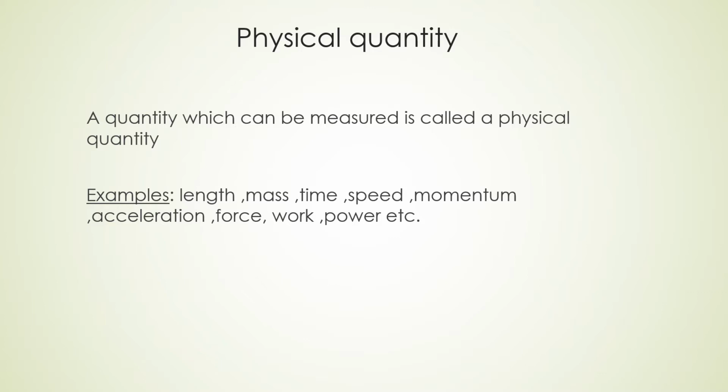Measurable quantities are all the physical quantities. Like length we can measure, mass we can measure, time we can measure, speed we can measure, and so on. Those quantities are called physical quantities.